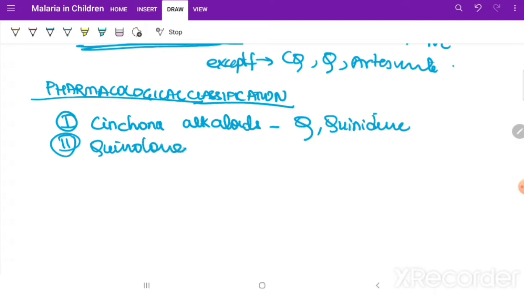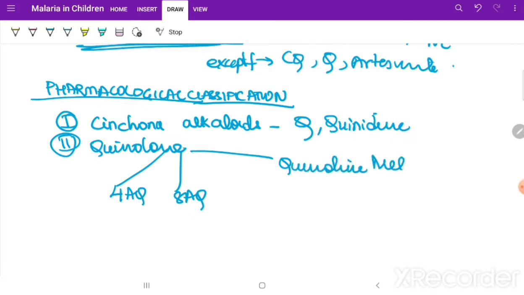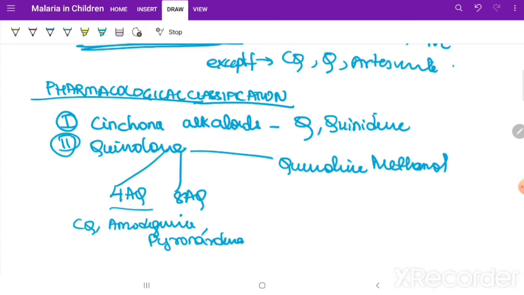In quinolone derivatives, we have 3 types. Number 1 is 4 aminoquinolines. Then we have 8 aminoquinolines and we have quinoline methanol. In 4 aminoquinolines, we have chloroquine, amodiaquine, and pyronaridine.